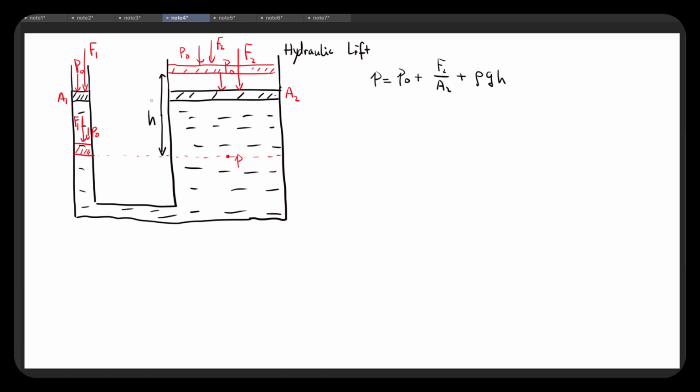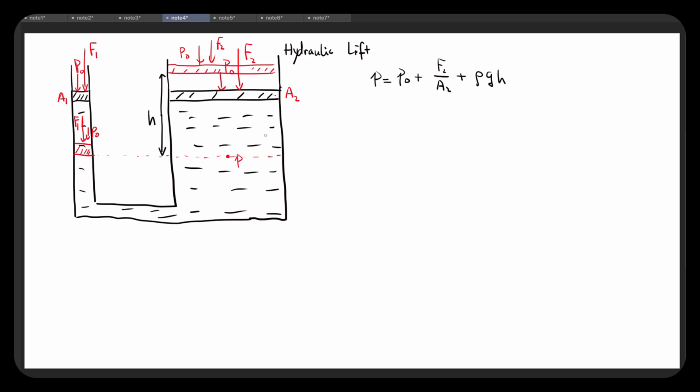From the left tube's piston position to the right piston's position, their height difference, we call that H. So that gives us some additional pressure due to this liquid column.